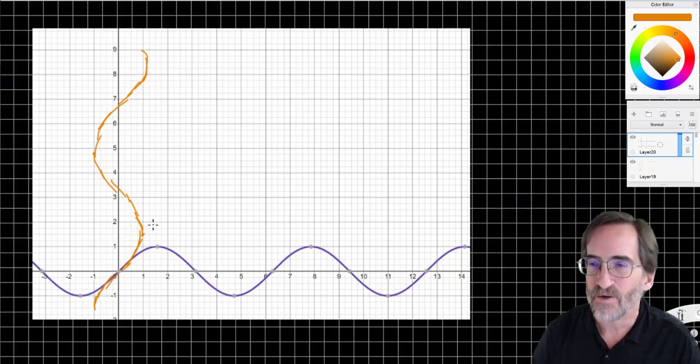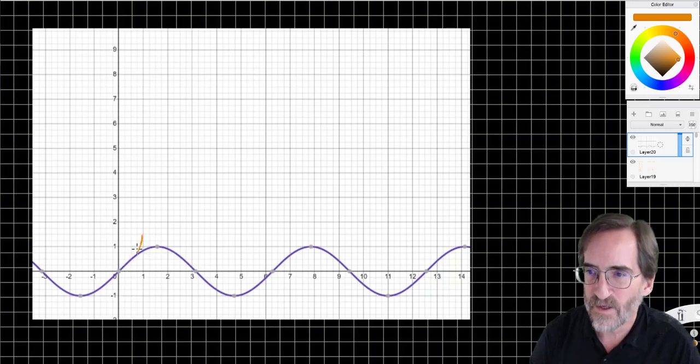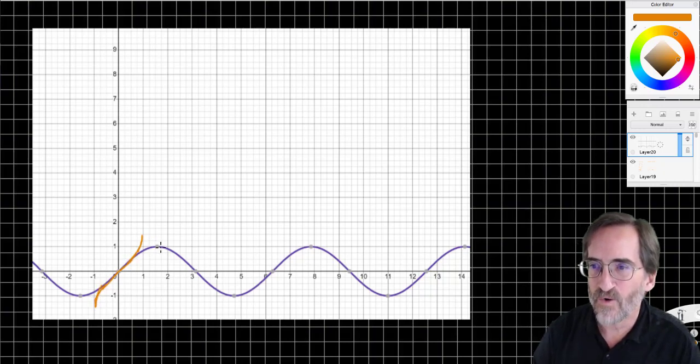All right. So let's see if we can restrict the domain. If I restrict it to go just right here and right here, and stop, that would work. So let's see if we can figure that out.